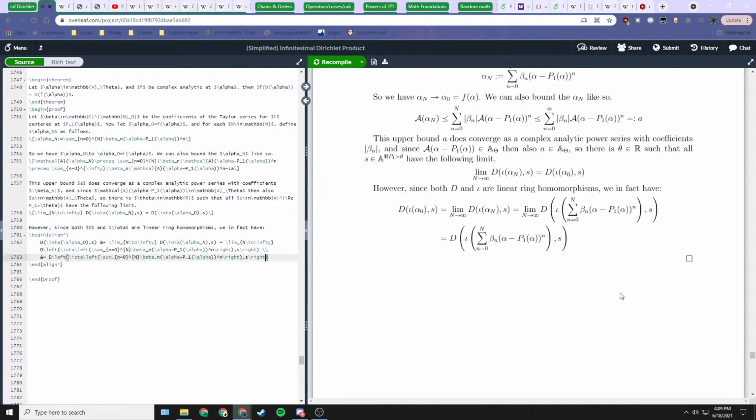So then we just have this whole thing, so we should still have this limit. This limit will be here. Okay, so we're going to drag out this summation first with the beta n.